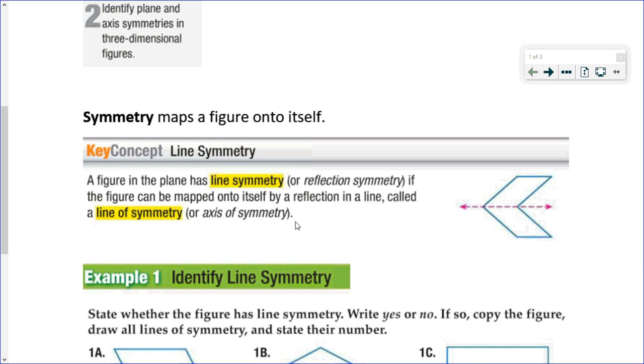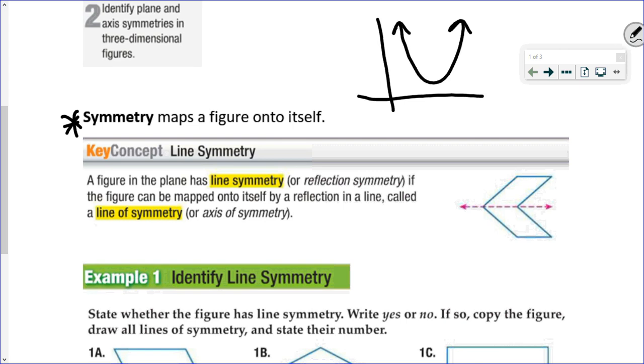So symmetry maps a figure onto itself. That's kind of our definition here of symmetry. A really common example, and this is at least how I teach it in Algebra 1, is graphing a parabola.